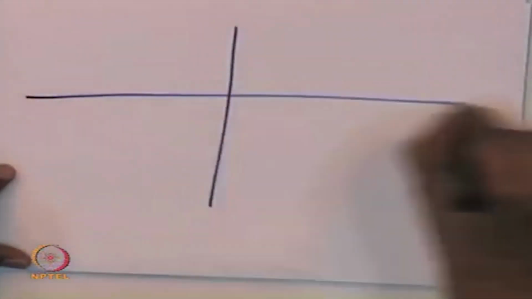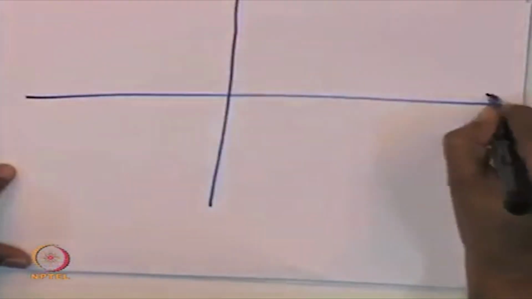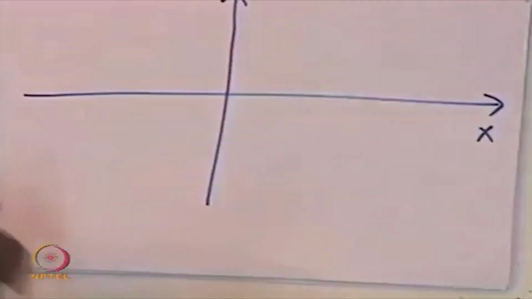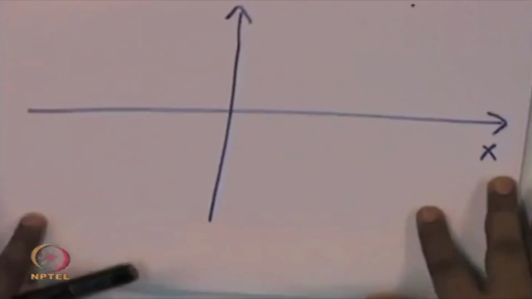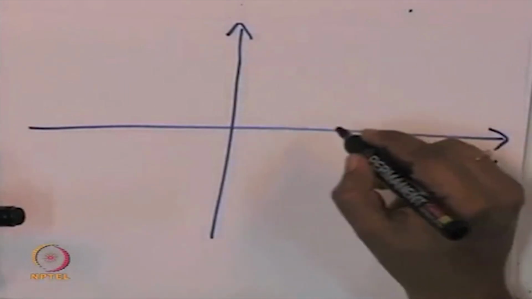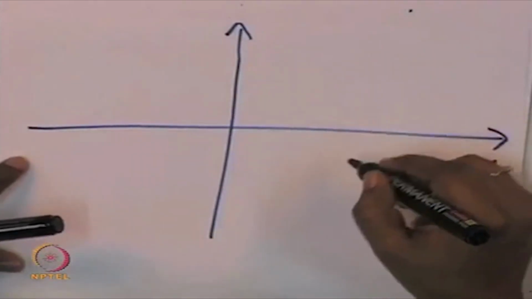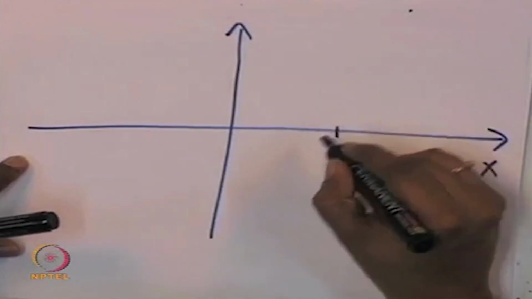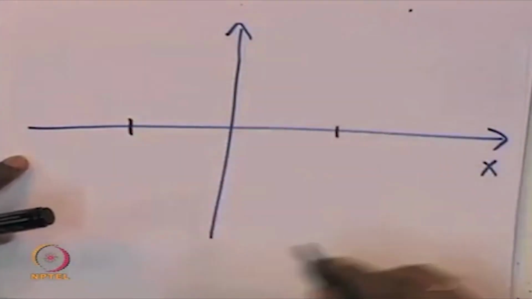So, what do we know? Let us again draw the axes. This is x and this is f of x. We know that the points where it is 0 are at plus or minus square root of 3, somewhere here and somewhere here.